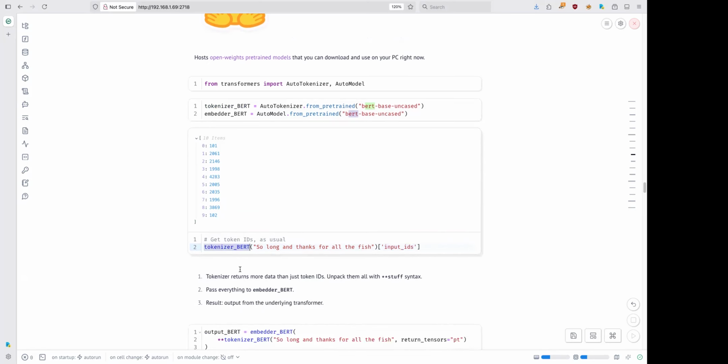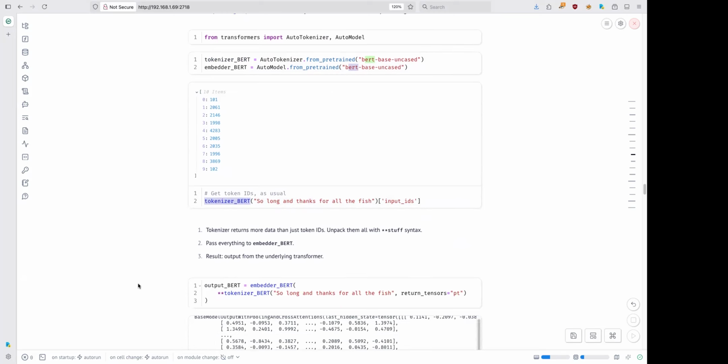Actually, this function returns more data than just the token IDs, and we would like to put everything into the call to the model. So we use this star star syntax to pass everything the function returns into the model. Indeed, we can just call the BERT embedder, and that's it.